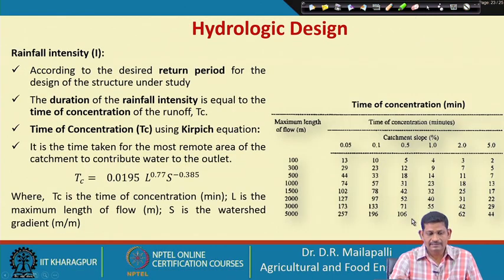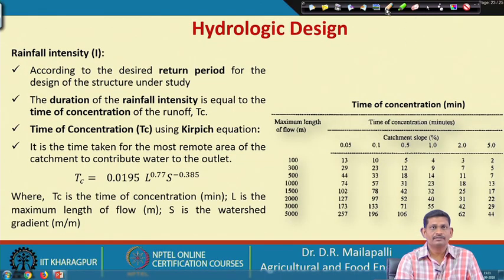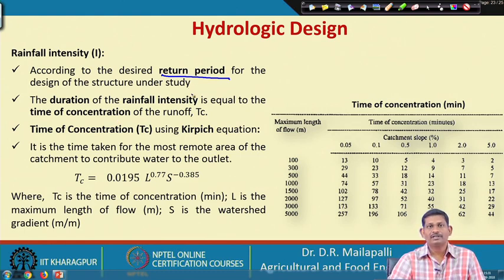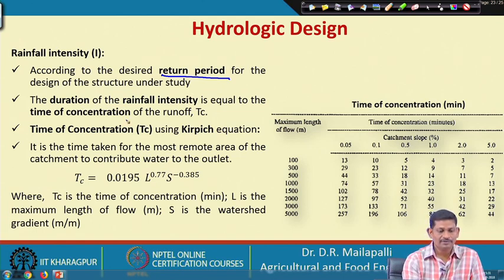The next, third parameter is rainfall intensity, according to the desired return period for the design of the structure under study. Generally, for designing a soil conservation structure, we adopt a return period, and similarly we use the rainfall intensity.